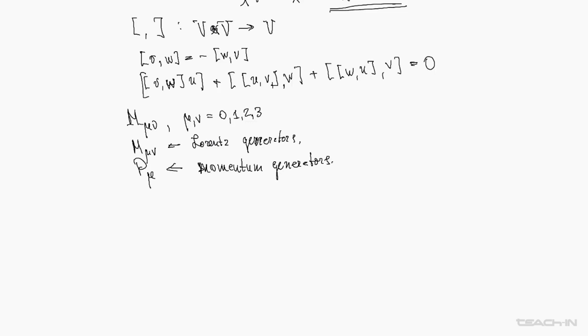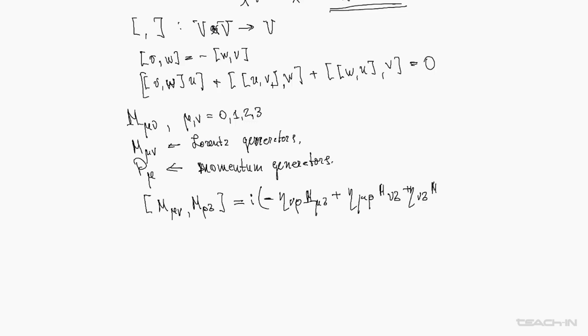The commutator of M mu nu with M rho sigma is written down via the Minkowski metric and generators: eta mu rho M nu sigma plus eta nu sigma M mu rho minus eta mu sigma M nu rho minus eta nu rho M mu sigma. This is one relation.